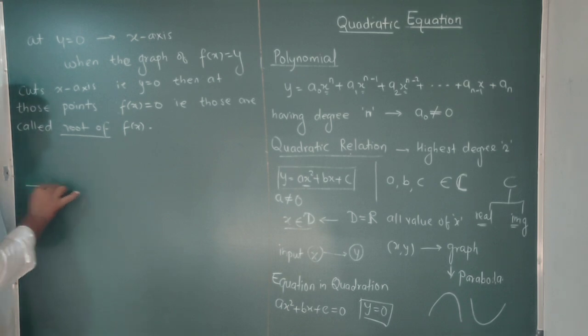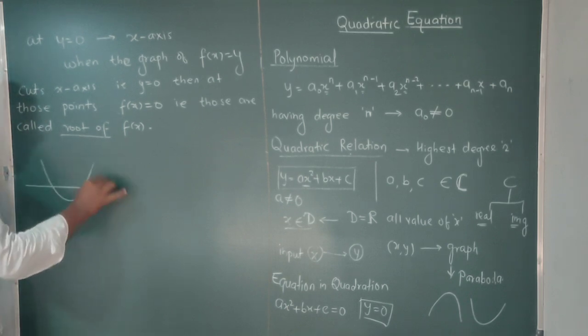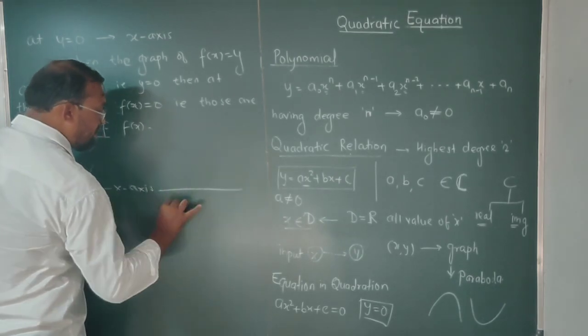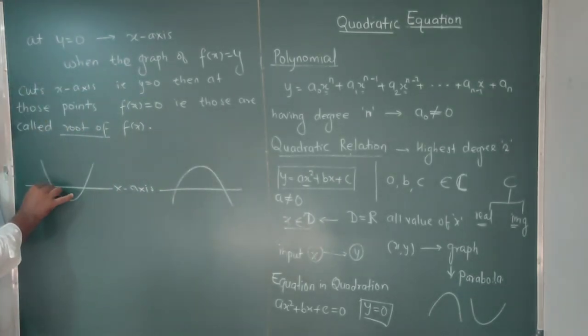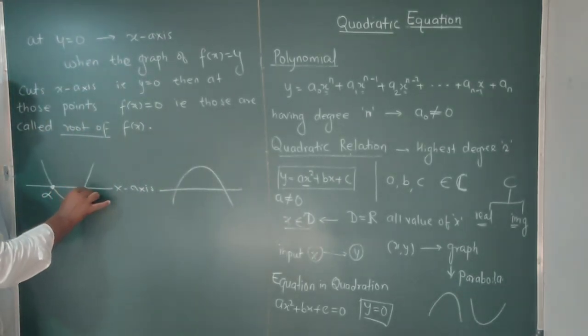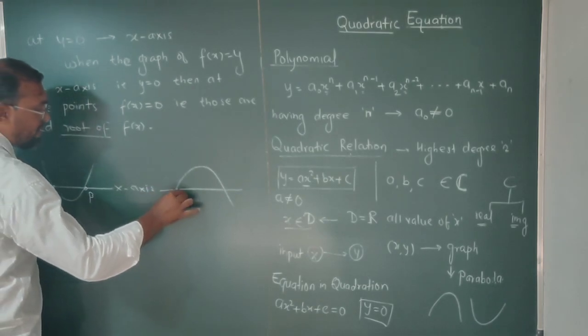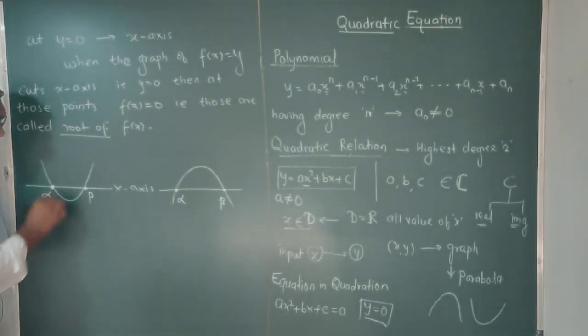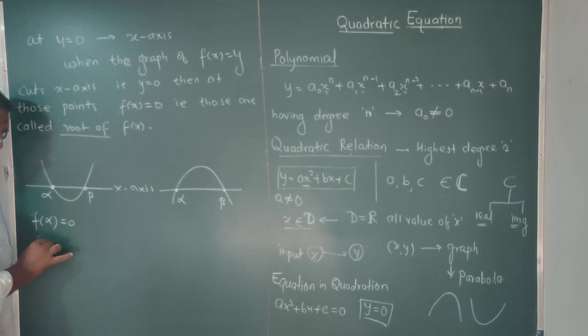For example, let us say this is your parabola and this is your x-axis. You can draw it inverted also. So at this point alpha, at this point beta, what are we getting? The graph is cutting the x-axis, that is y equals 0. That means the function at alpha equals 0 or the function at beta equals 0.